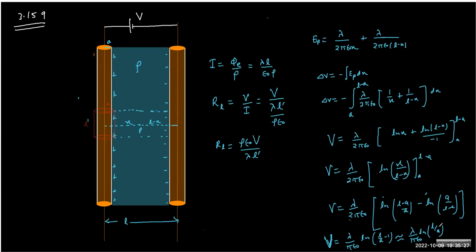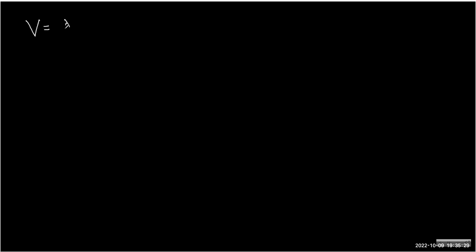So the potential difference we got is lambda by pi epsilon naught ln L by A.